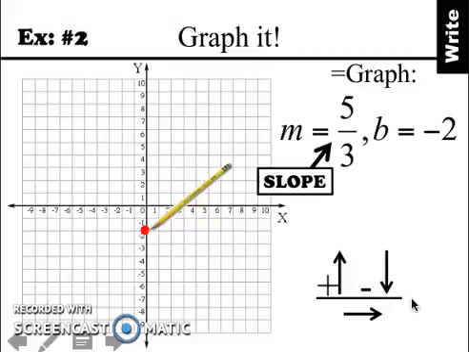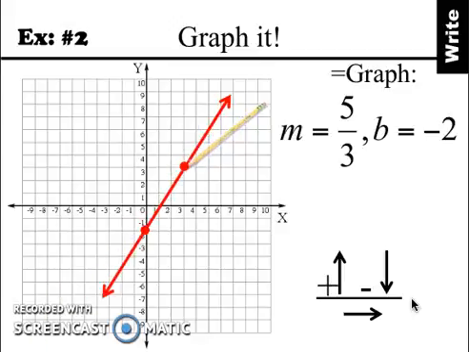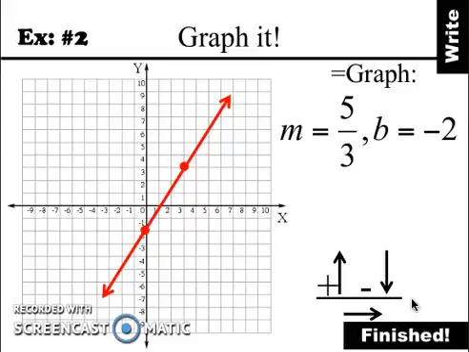So let's count. 1, 2, 3, 4, 5, and 3 units to the right. 1, 2, 3. Place the point in there, get a ruler, and connect the points, and we have our line. Pretty simple.